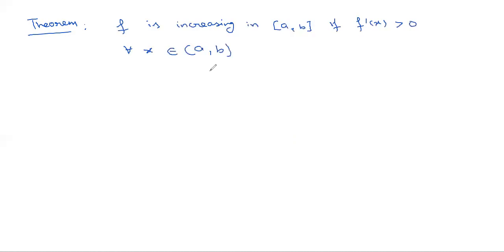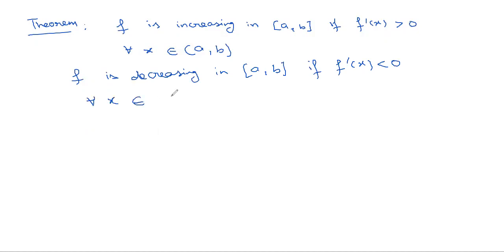A function f is increasing in a closed interval [a, b] if the derivative of the function, that is f'(x), is greater than 0 for all values of x belonging to that open interval (a, b). f is decreasing in the closed interval [a, b] if the derivative of f(x) is negative, less than 0, for all values of x belonging to the open interval (a, b).